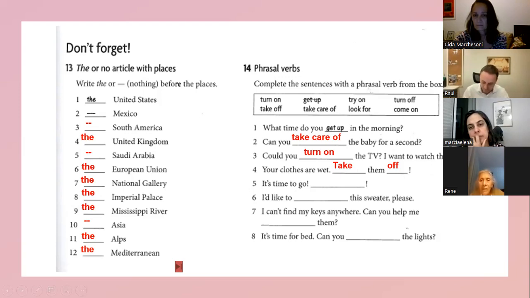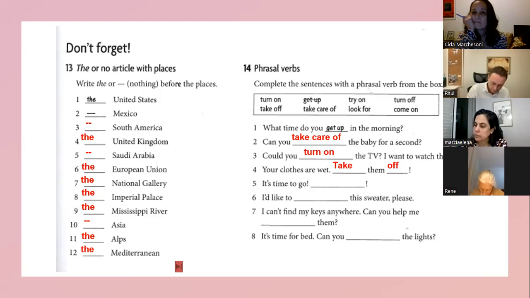But because we have a pronoun, we need to separate the phrasal verb and put the pronoun in the middle. And that's why we say take them off, okay? This is something that we are going to learn in the future because it is more specific. But for you to know that this is why we do it, because the grammar rule is if you use a pronoun, you put it in the middle of a phrasal verb.